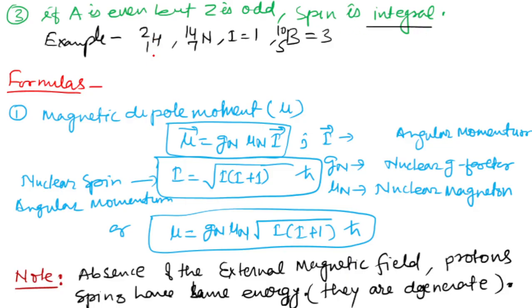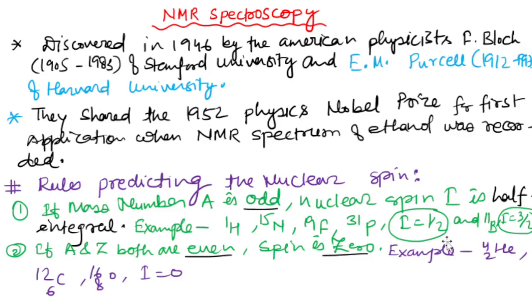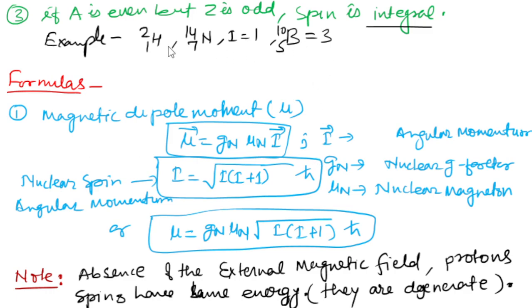For example, 2H and 14N show I value 1, but in the case of boron, the I value is 3. In the earlier case also, boron is an exception, with 3 by 2; all are half, but this one is 3 by 2. In this case also, it is an exception: for all these the I value is 1, but for boron the I value is 3.